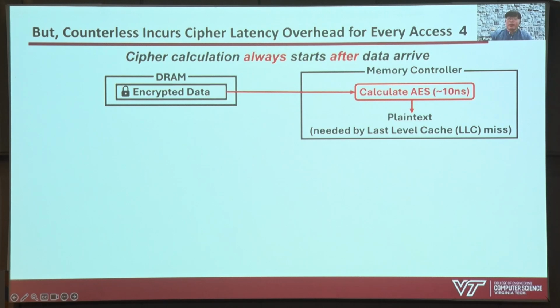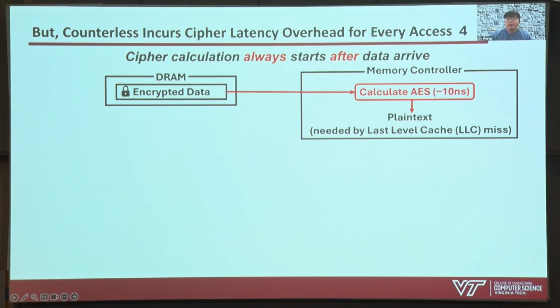Although counterless avoids bandwidth overhead, it has latency overhead. Upon decryption for a last-level cache miss, the time-consuming cipher calculation needs the data as input, so the calculation can only start after the data block arrives. This increases the last-level cache miss latency by the latency of the cipher calculation compared to no encryption. For example, AES-128 takes around 10 nanoseconds according to prior work.